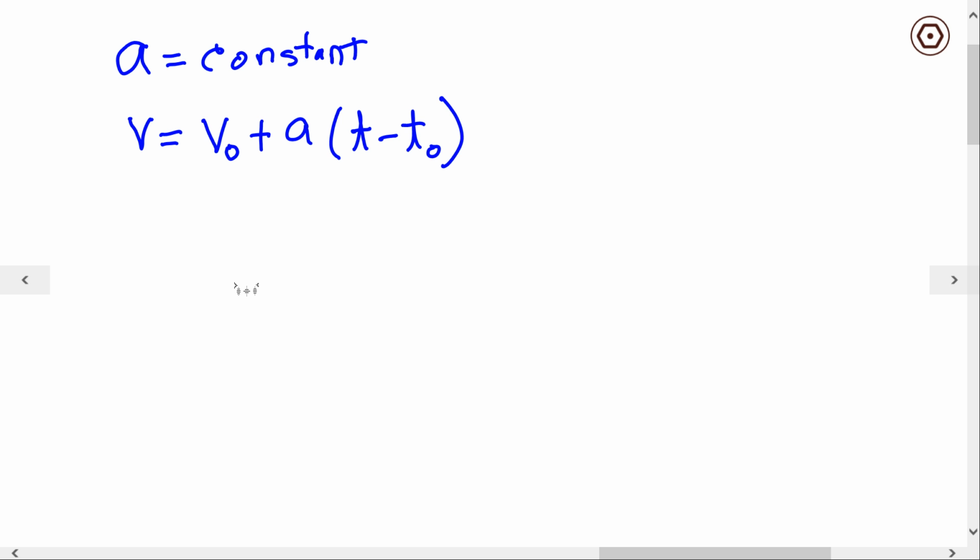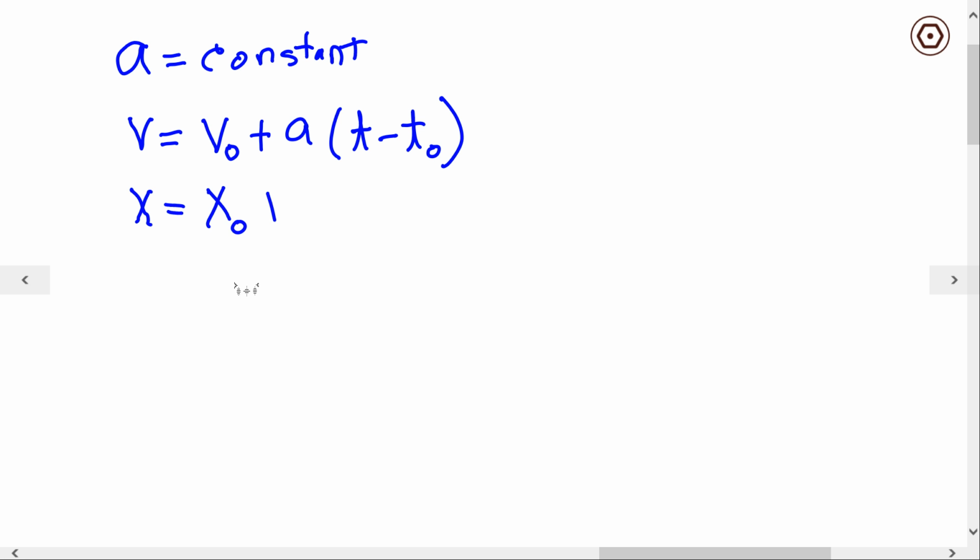Your book sets up all problems so that initial time is 0, in which case t0 is 0. I like to put it in there. This equation is certainly true, and it helps solve some of the problems that you'll run into in the text. If you integrate again, you'll end up with an equation for the position, and it'll look like this.